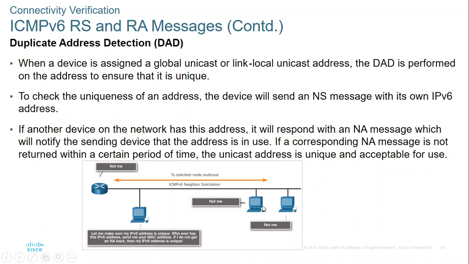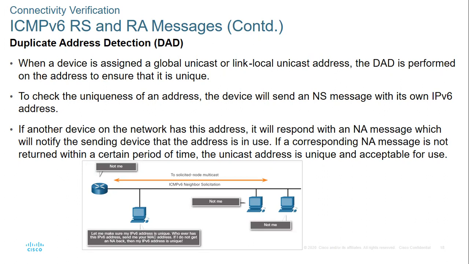If a device has been given an IP address, it sends a broadcast that includes its newly assigned IP address. That message goes to all the devices, which open it and compare the IP address in the message with their own.